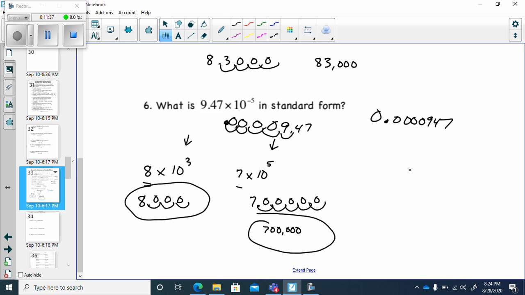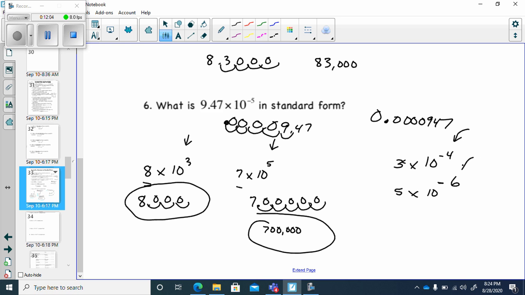Now, let's look at this one. What if I'm comparing 3 times 10 to the negative fourth and 5 times 10 to the negative sixth? Which one is bigger? Well, let's look at this, guys. Once again, we should be looking at the exponents.